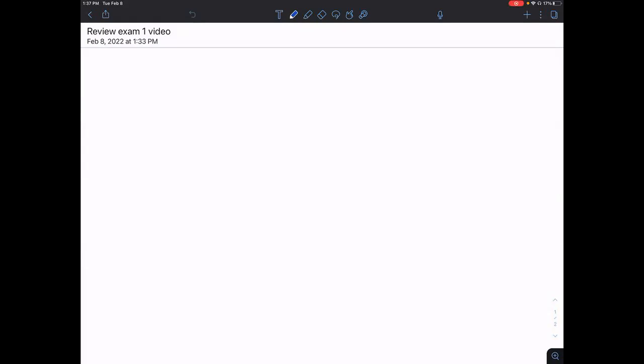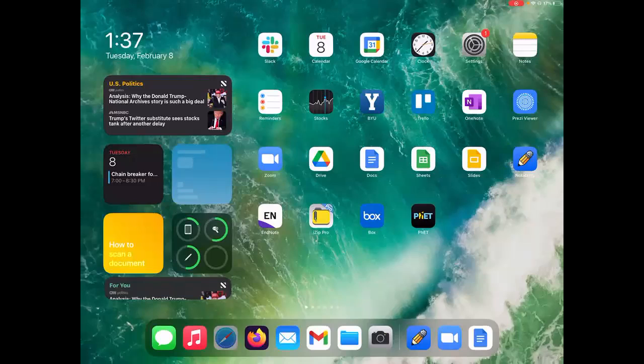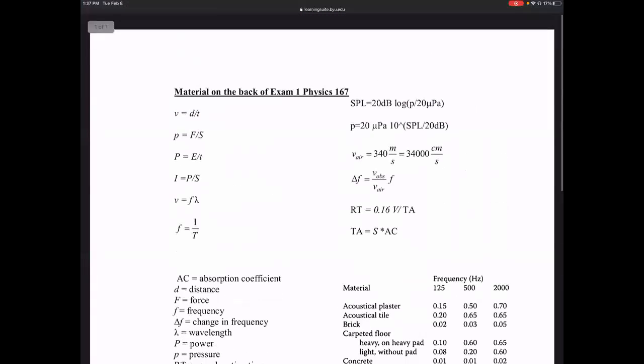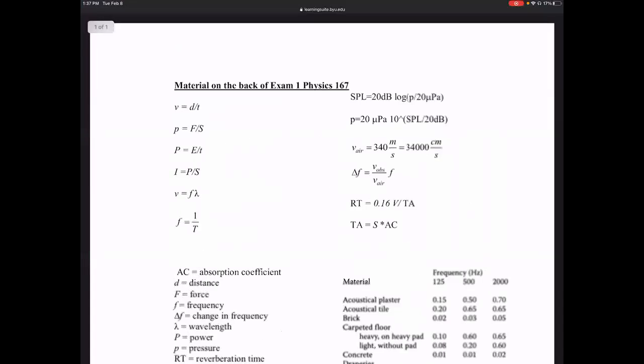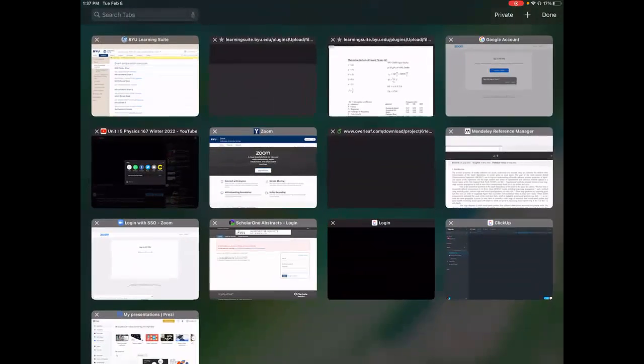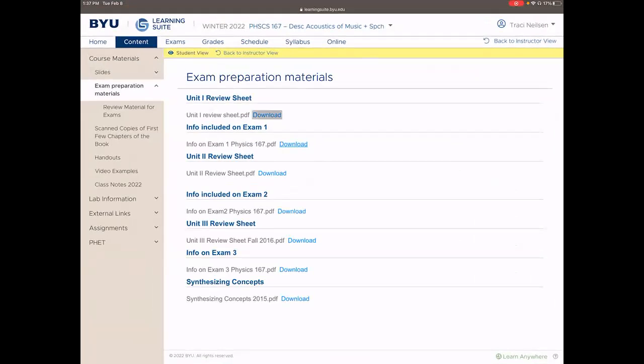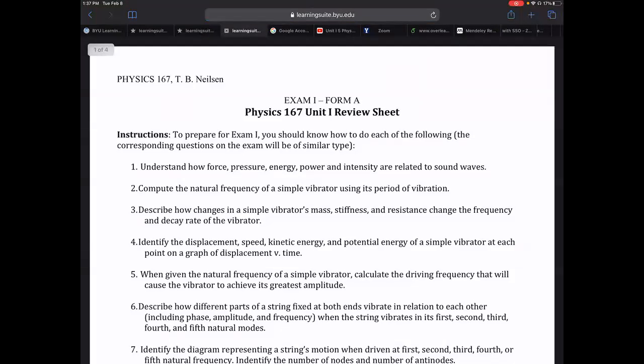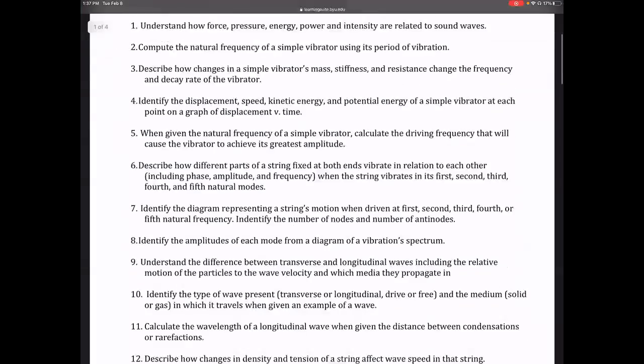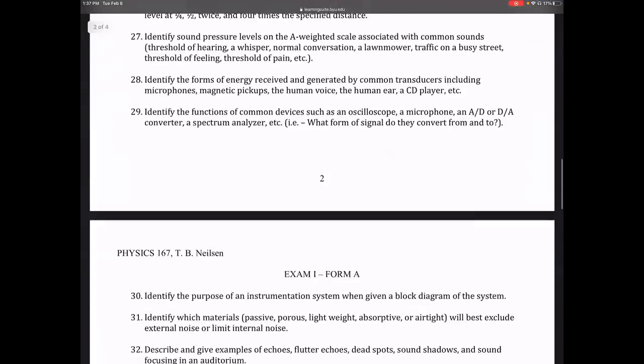All right. So I'm going to be flipping back and forth here between the review sheet and my little writing here that I get to do. On the review sheet, the first things that we talked about in class were actually at the end of the review sheet.